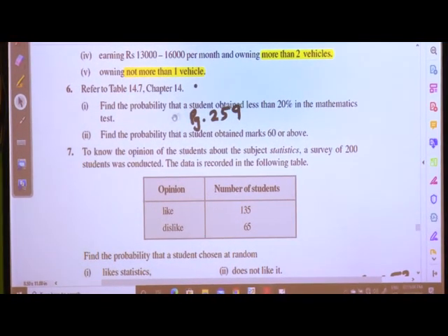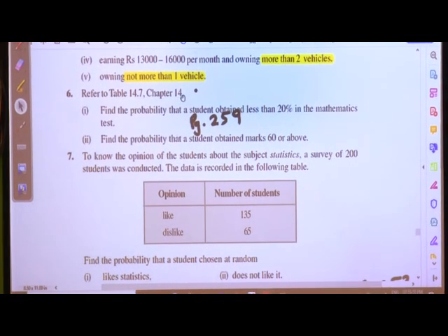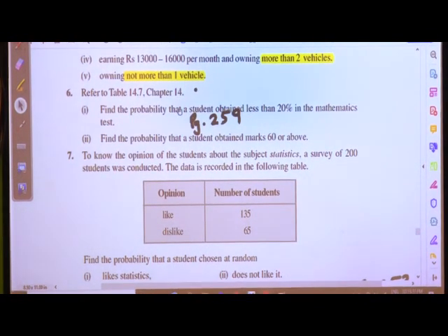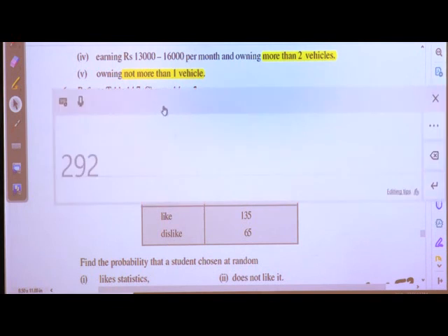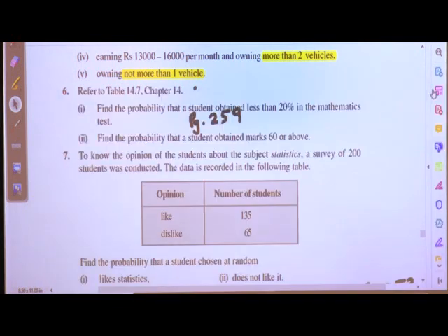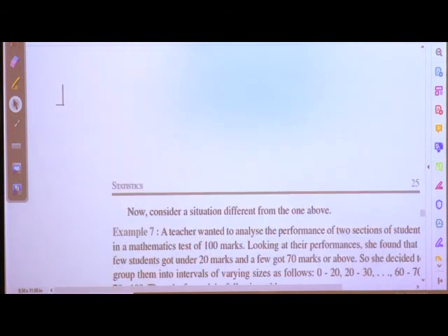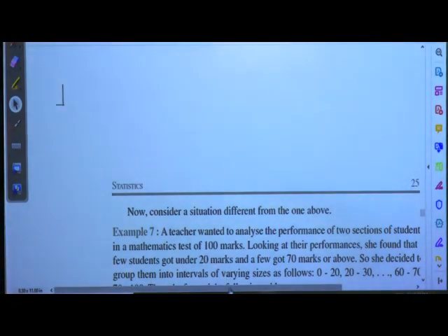What is it saying? Refer to table 14.7, chapter 14 means we have to go to table 14.7 of chapter 14. Here I have already mentioned that it is on page number 259. So let us go to page number 259 and see what exactly the things are.